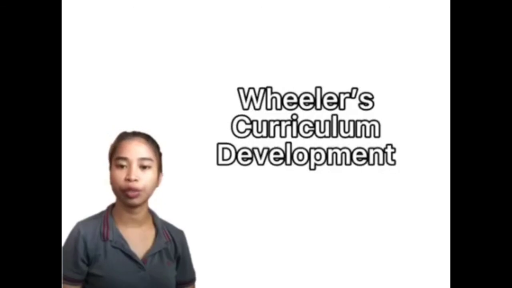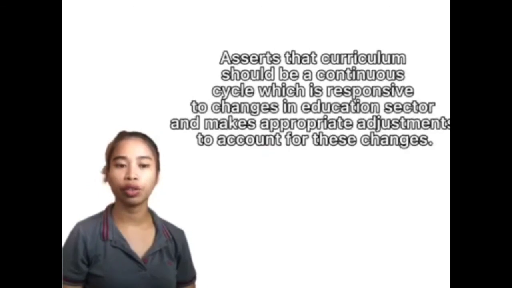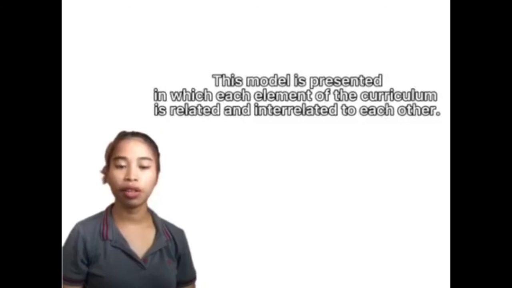Wheeler's curriculum development. So this cycle model asserts that curriculum should be a continuous cycle which is responsive to changes in the education sector. And this also makes appropriate adjustments to account for these changes. This model is presented in which each element of the curriculum is related and interdependent to each other.